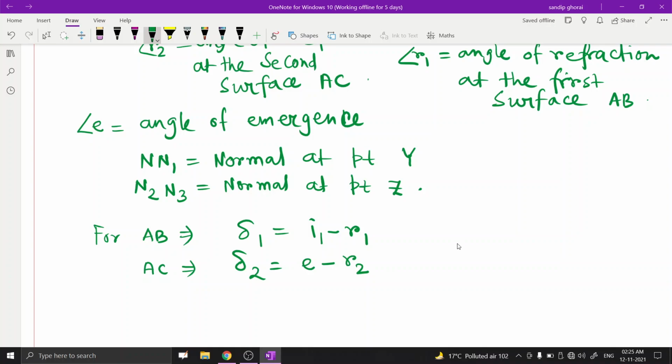If we want to find the total deviation for the glass prism, then we have to add these two deviation angles.